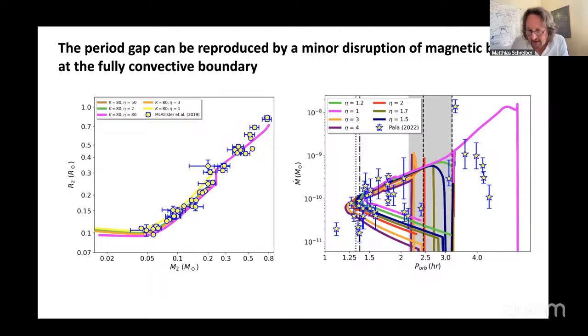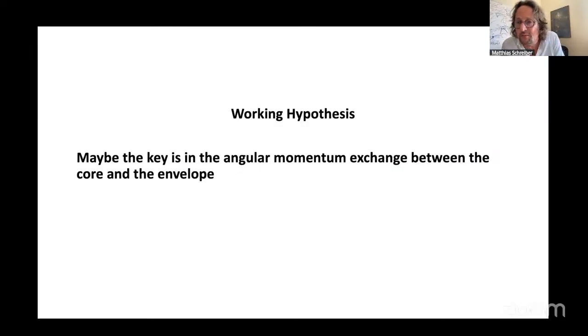And I think it could be related to the redistribution of angular momentum between the radiative core and the envelope. Because in single stars, if you have braking, the envelope rotates slower and slower, and the core rotates fast. So you inject angular momentum from the core to the envelope, which reduces braking.